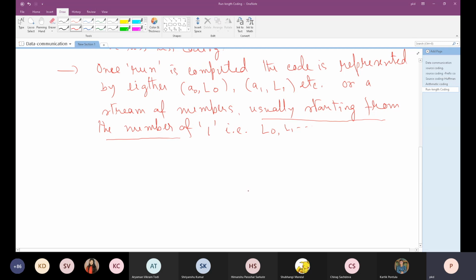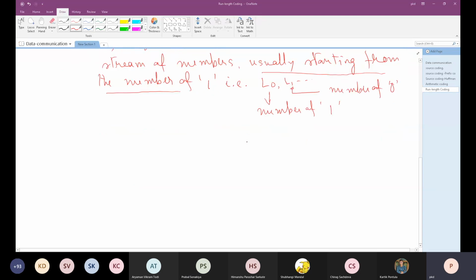And if in our protocol we embed that we will always start counting the number of ones, then the first number L0 is the number of 1s. Subsequently, the next will be the number of 0s, and so on. If we do like that, then the string can be represented by a sequence of numbers.